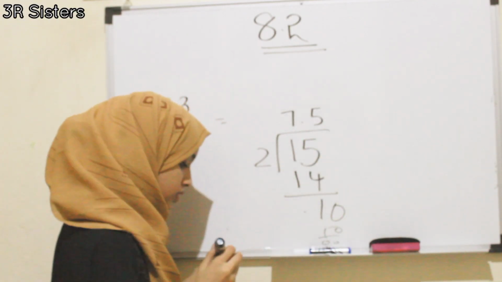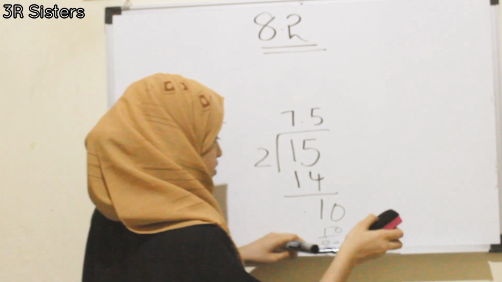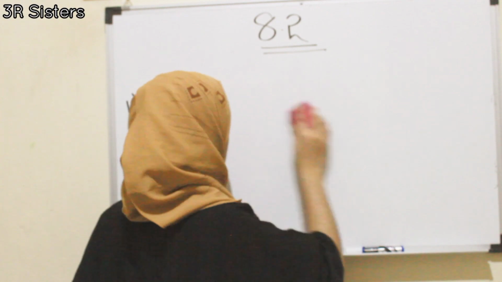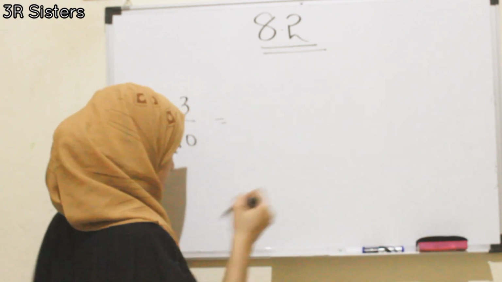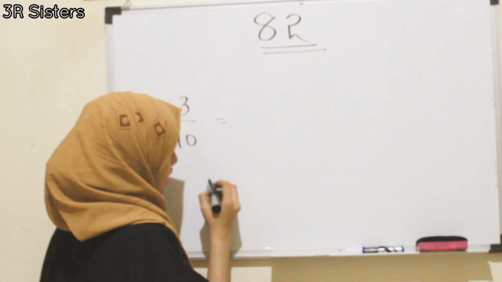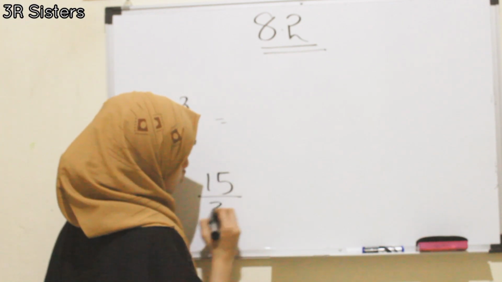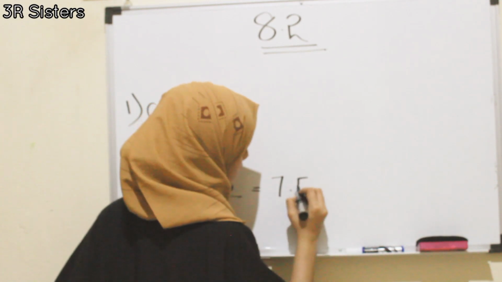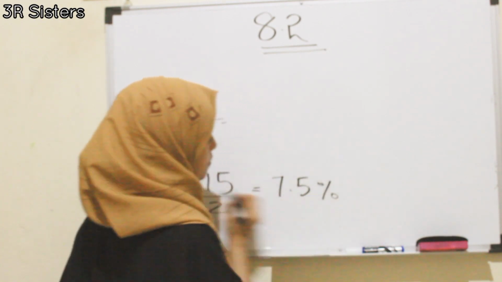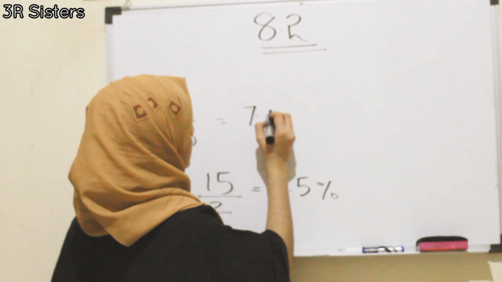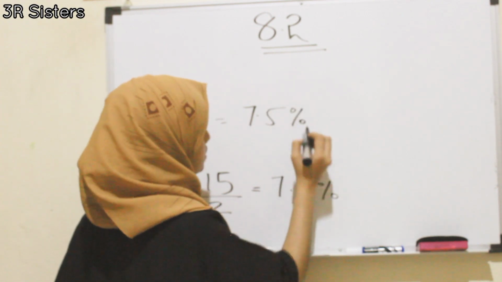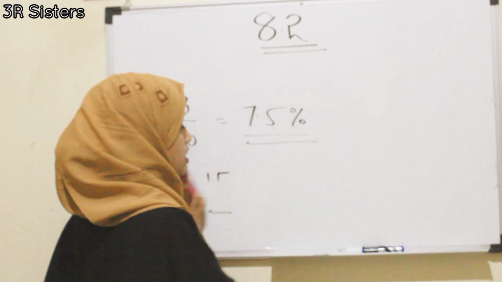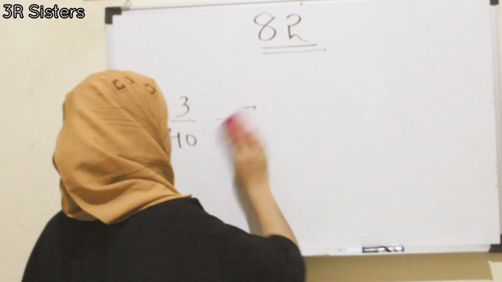So when we divided this 15 by 2, we got the quotient as 7.5%. So the answer is 7.5%. This is the answer. Now we'll go to the next question.